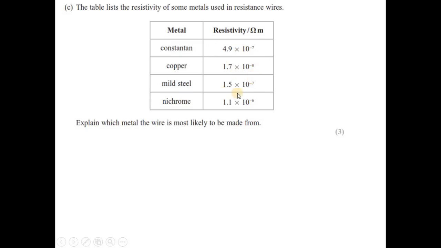And the second method is you calculate the upper limit or lower limit, upper bound or lower bound, of your resistivity value, and then you compare it with any one of the given values and see which one falls within the calculated value.